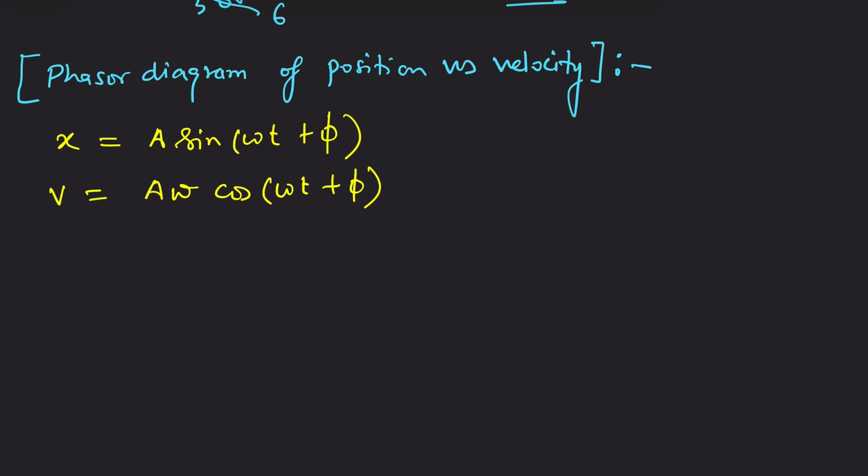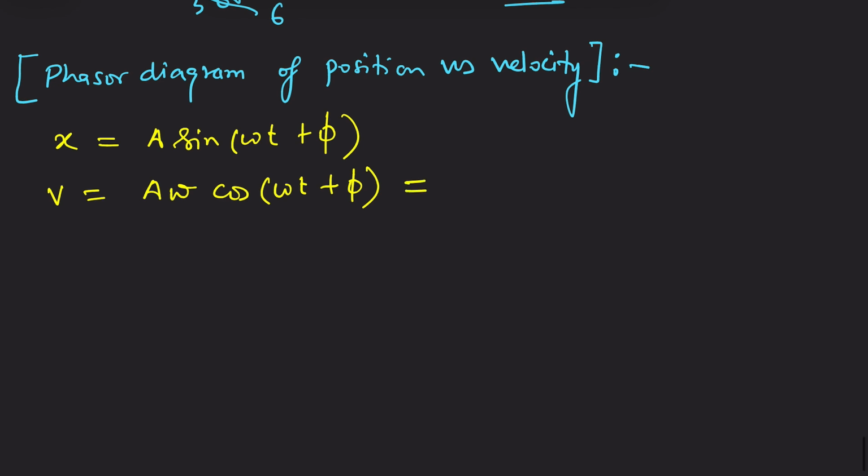This a omega cos(omega t plus phi) can also be written as a omega sine(omega t plus phi plus pi by 2). Can we write or not? Yes, of course we can write this.